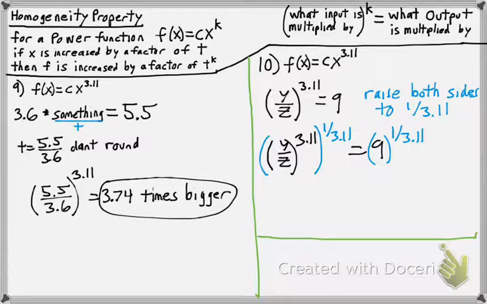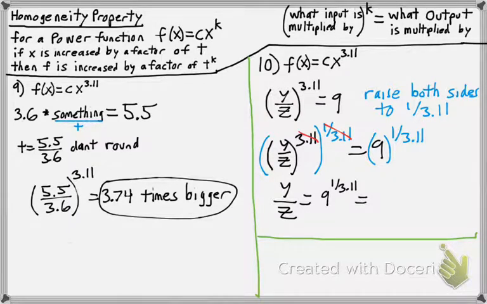That's going to cancel out those 3.11s. And we just have y over z is equal to 9 raised to the 1 over 3.11.